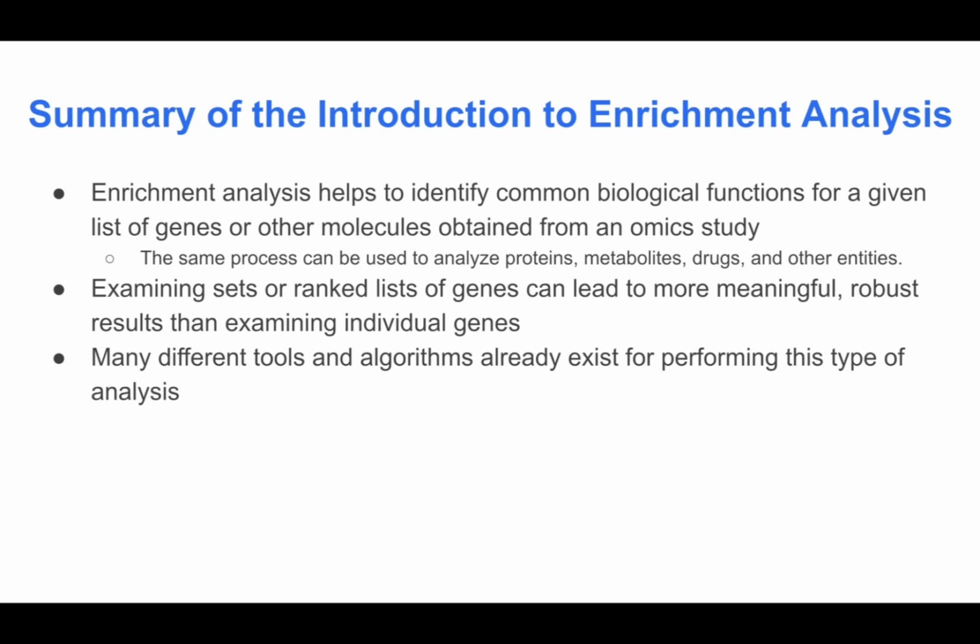Examining sets or ranked lists of genes or other biological entities can lead to more meaningful and robust results than examining just individual genes. And also many different tools and algorithms already exist for performing this type of analysis. So definitely feel free to explore and read more about it if you're interested.